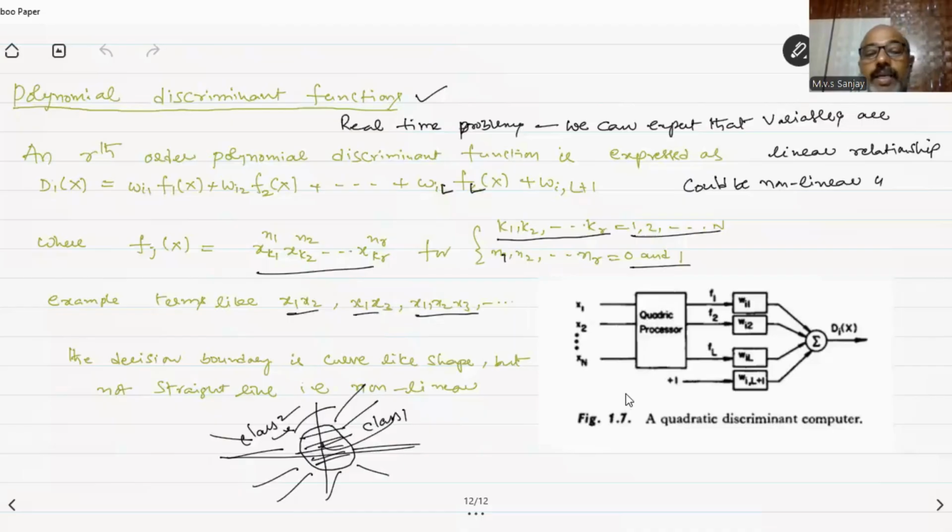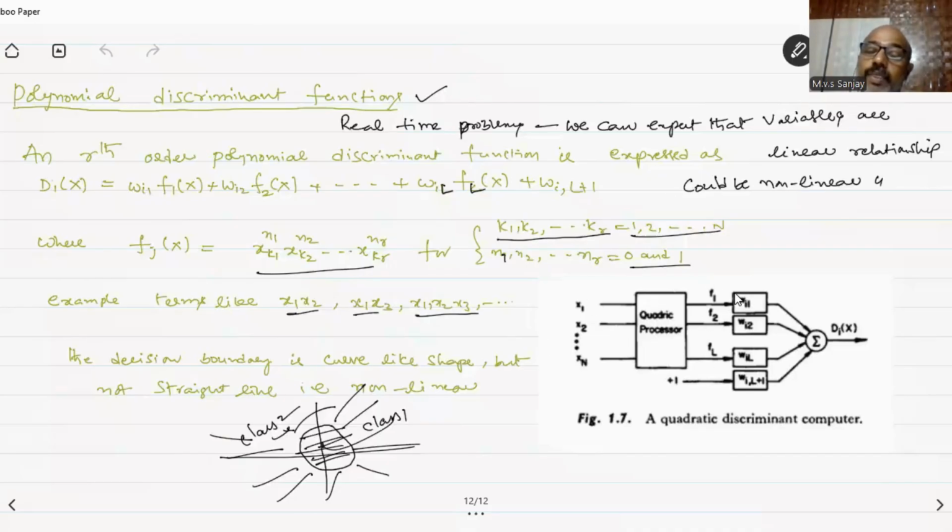The block diagram represents a quadratic discriminant computer, where x1, x2, and so on xn are the feature vector. The quadratic processor means we need to create artificial features, called f1, f2, and so on fL.